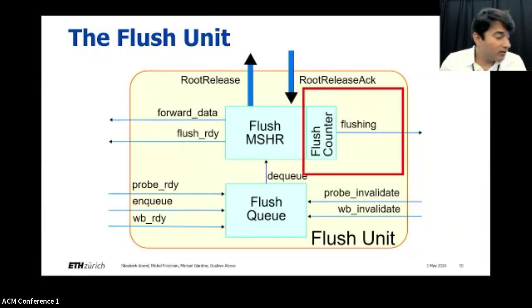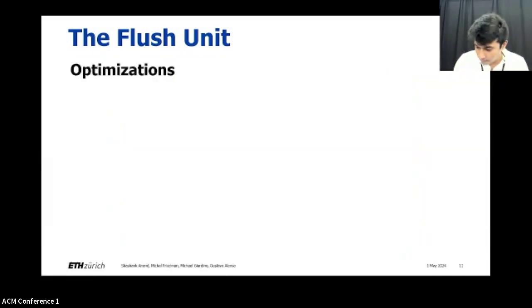The flush counter tracks all flushes and cleans that are outgoing in the flush unit. This is important because the flushing signal out of the flush counter plugs into the load store unit to help the load store unit figure out when it should be done with a fence instruction.